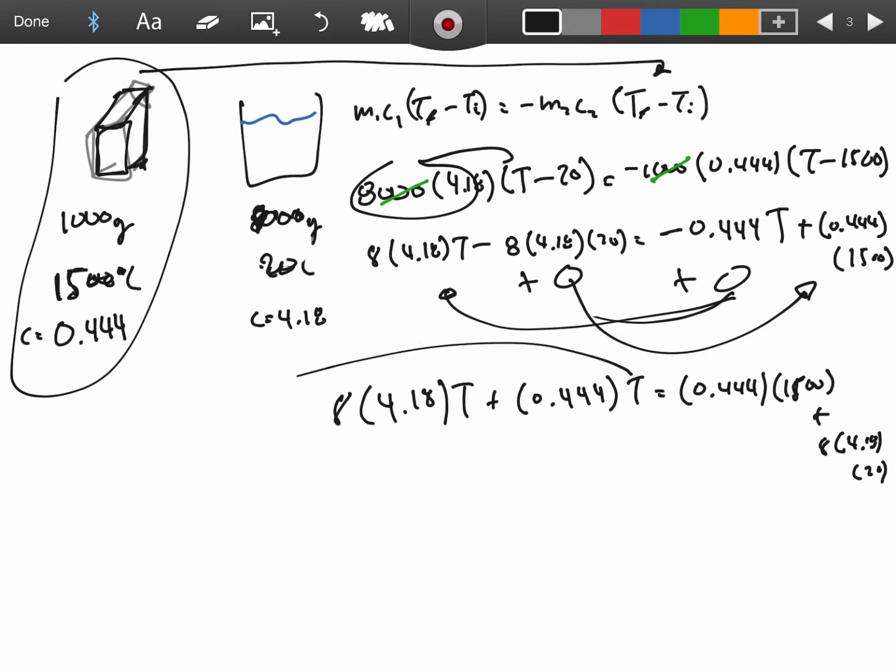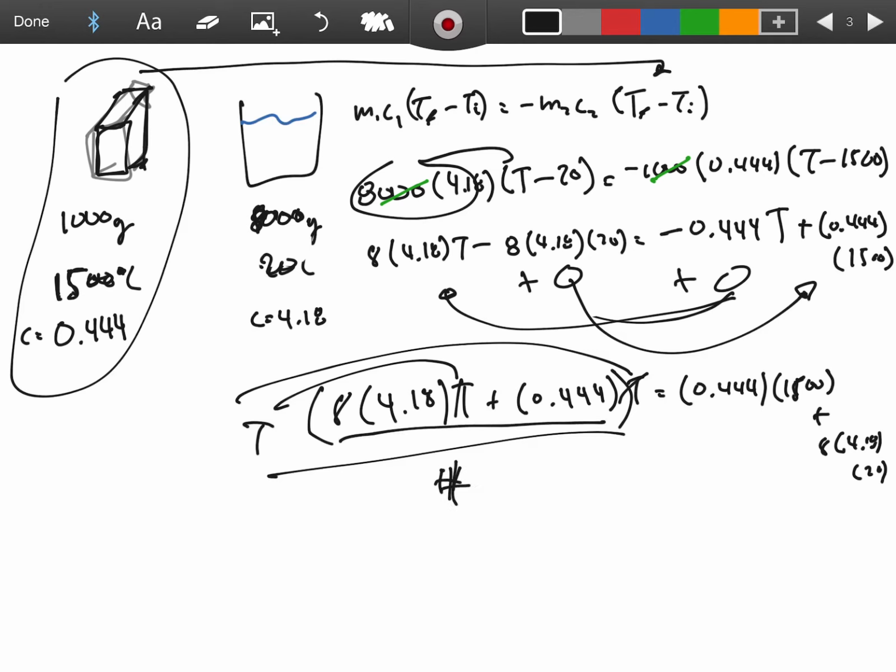Then I distribute the T out and divide by this number over here. When you do all of that, being very careful with how you enter things into your calculator, I ended up with a final temperature of 39.39 degrees Celsius.